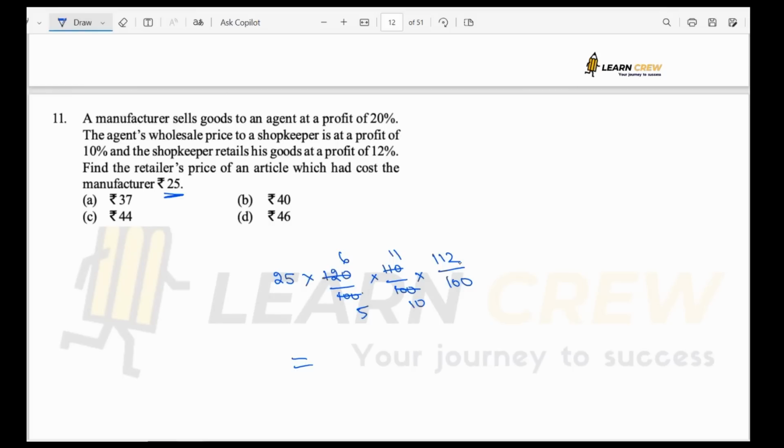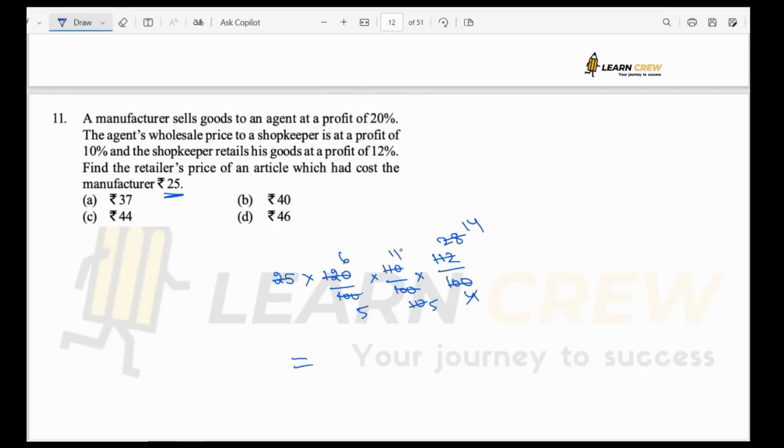Now what are you going to get? 25 fours, 25 fours, and 28. Yes. Now what are you going to get? 2 5s, 2 14s. Nothing more than this you can get.